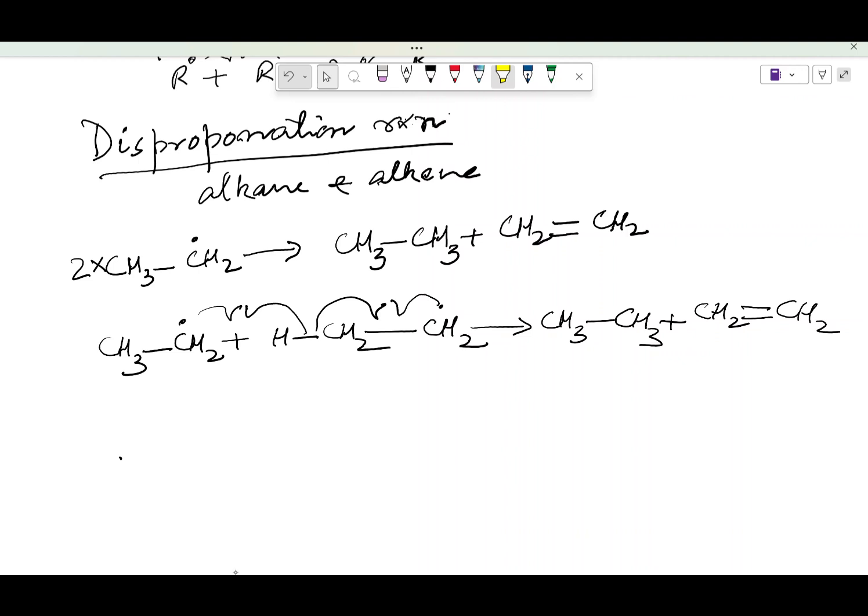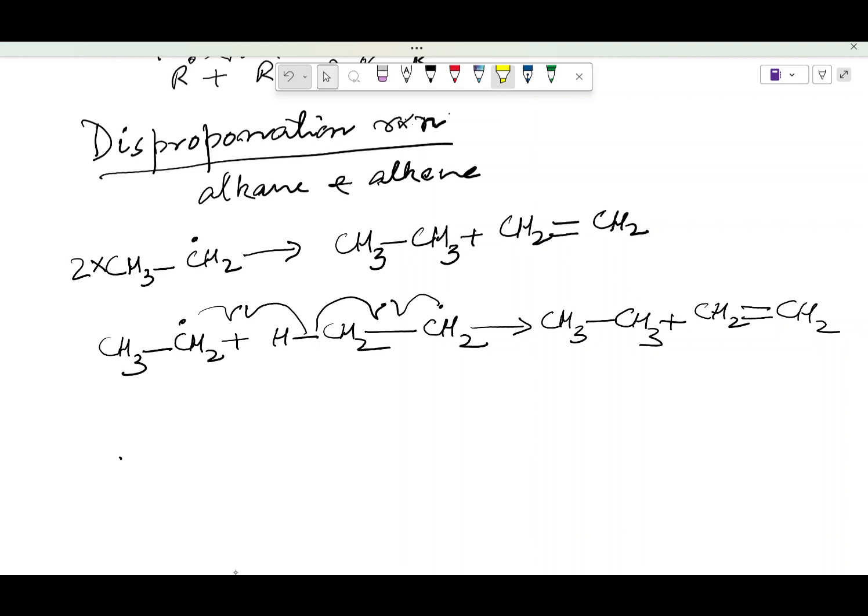Now, these are the most common termination steps, that is how to get the terminal products. And in that case, you have to move towards the source by which you are supplying the energy. These are the certain steps in the reaction mechanism of the free radical chemistry.